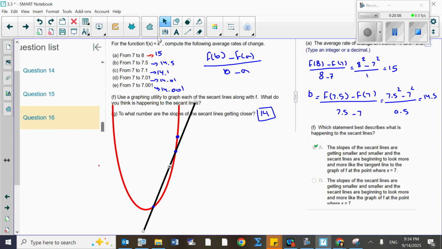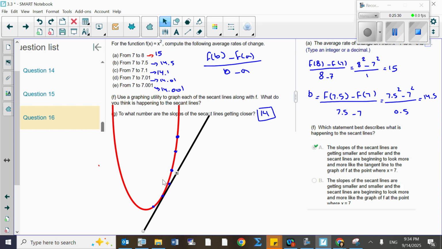Now, next time I make the point closer again, and this time the secant line is going to look like this. Again, I'm going to do that 2 more times, and we'll see what is happening. This is the next time, and here's the last one. You see?